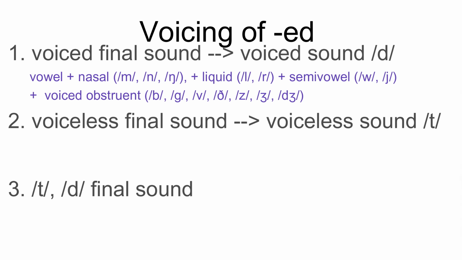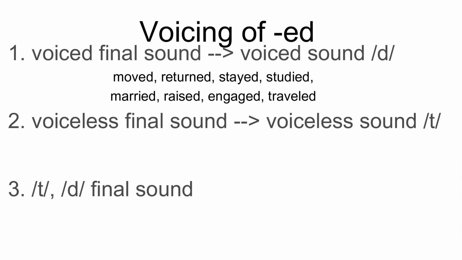Like the case of t, the ed is blended together with the previous consonant and is not pronounced as an extra syllable. These are examples: moved, returned, stayed, studied, married, raised, engaged, traveled.